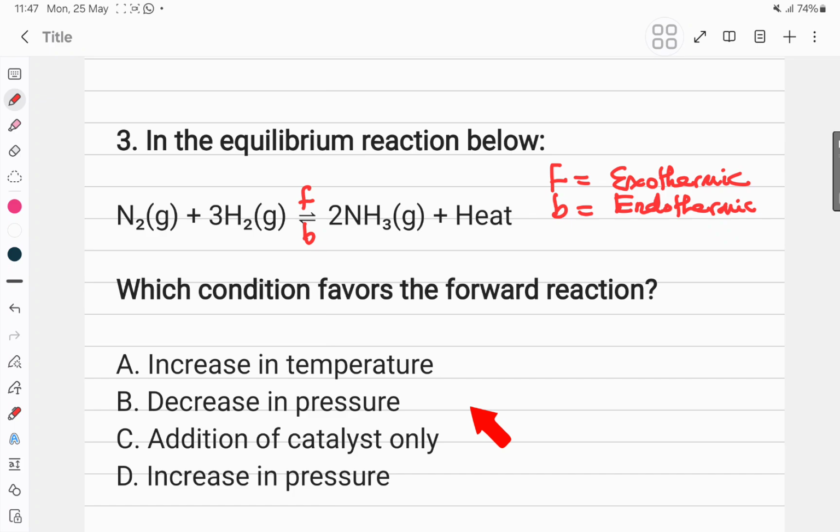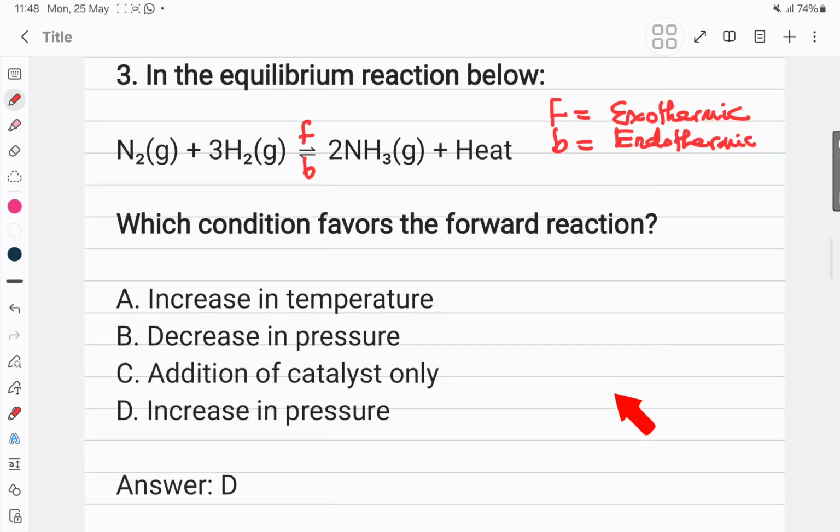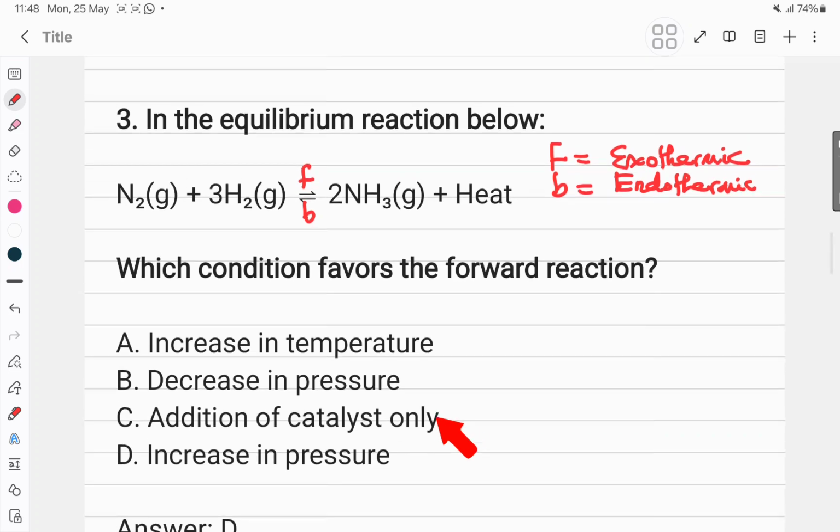So the endothermic reaction is favored at high temperature, while the exothermic reaction is favored at lower temperature. Meaning that if you are considering the forward reaction, which is exothermic, it should be a decrease in temperature. Now that we don't have temperature here, we don't have that option, so we have to consider another factor. Another factor that affects the position of equilibrium is change in pressure.